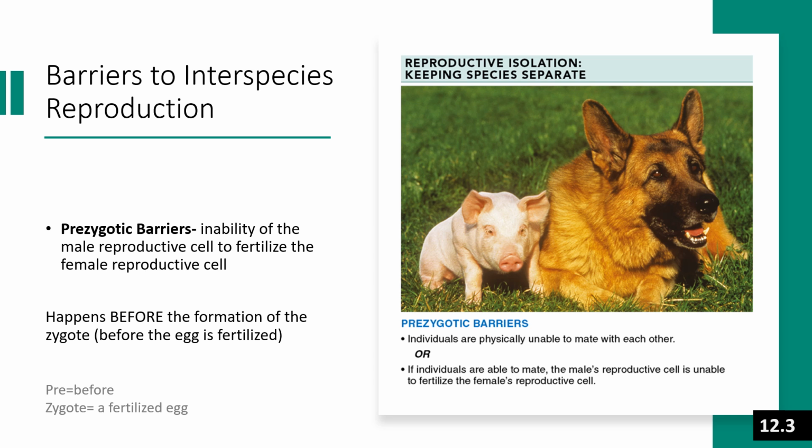So this is something that actually prevents sperm from one species from fertilizing the egg of another. This might mean a couple of different things. A prezygotic barrier could be that the two organisms can't physically mate with each other. Or it could be a process, such as a chemical reaction, that prevents fertilization even if those animals mate.